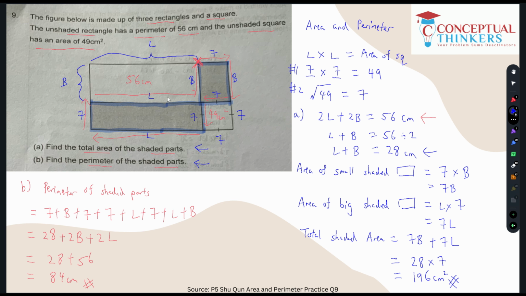The next thing is ensure that you don't have any transfer error, because sometimes you may use a wrong number and that will lead to a wrong final answer. And ensure that when you do your calculation, you use your calculator and check every single step so that you don't make any calculation error.